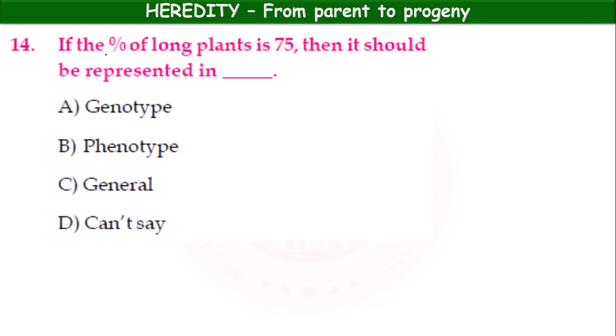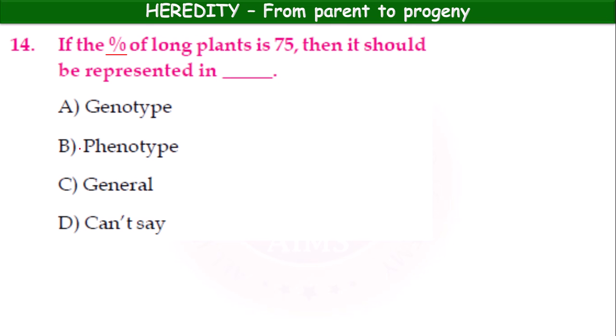If the percentage of long plants is 75, then it should be represented in genotype, phenotype, general, or can't say. Here long plant 75% generally we can say.